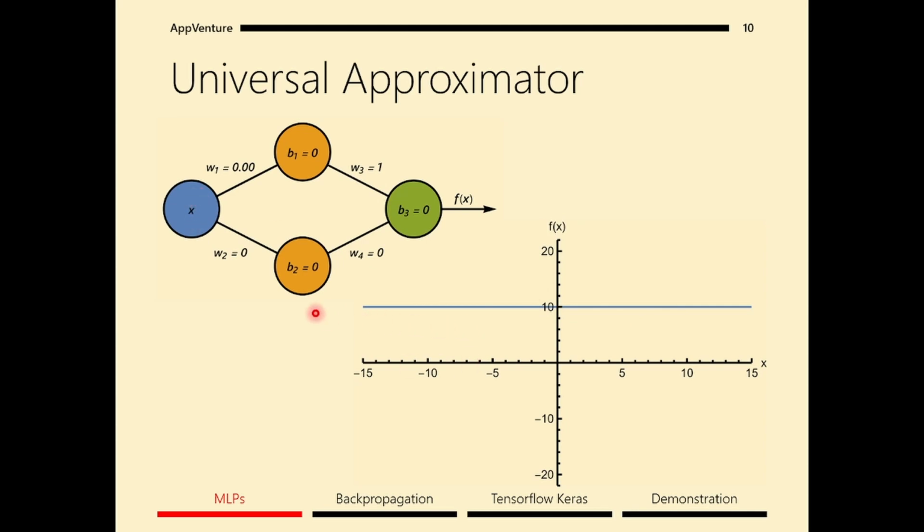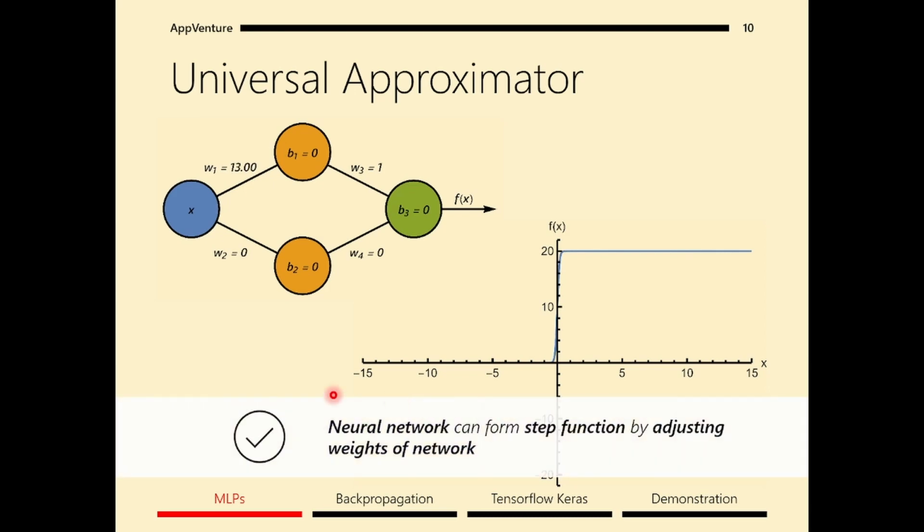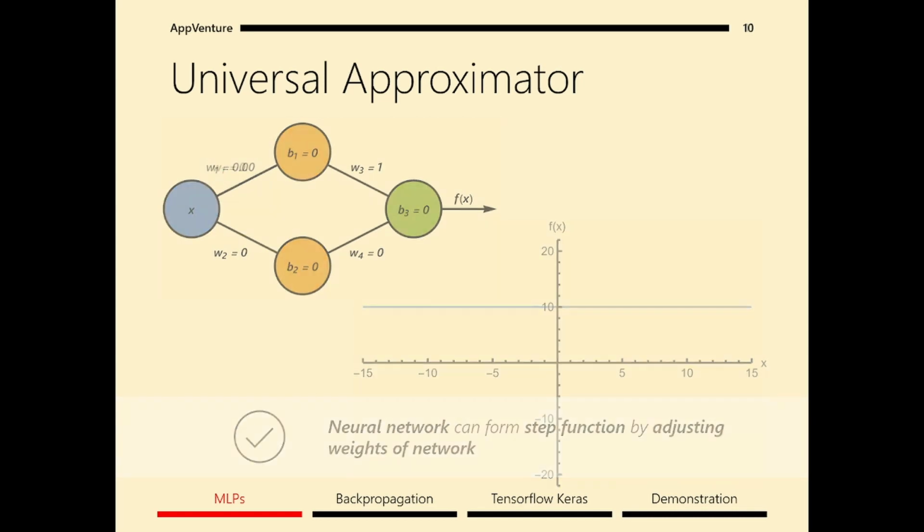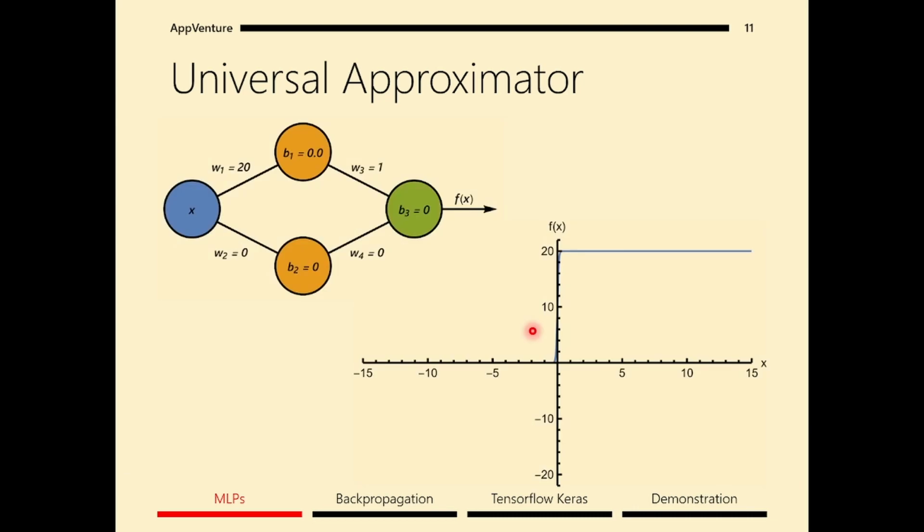If we start increasing the weight of this input, using the sigmoid activation function, you can make the sigmoid more and more like a step function. So your neural network can form a single step function by adjusting the weights. After you form the step function, you can also move the position of the step by adjusting the bias.